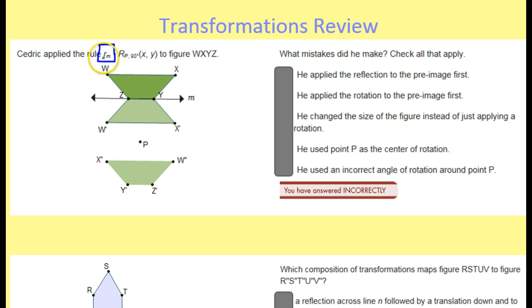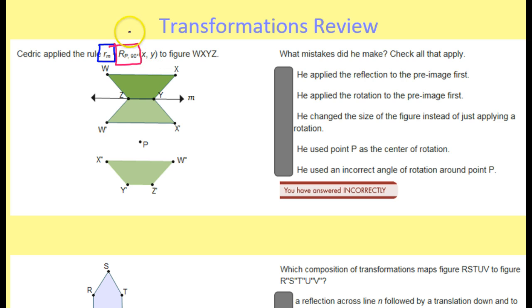This little r sub m means a reflection over line m. And then we have this transformation over here, which of course is a rotation of 90 degrees around point P.